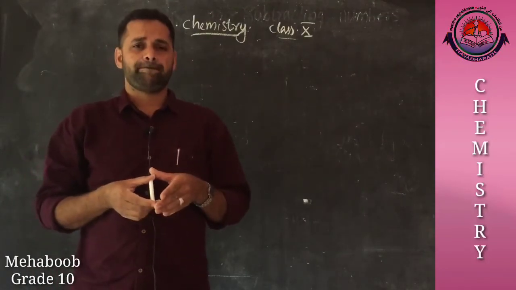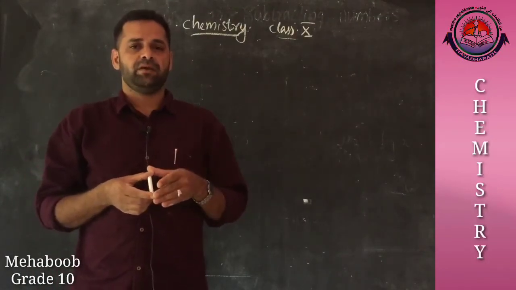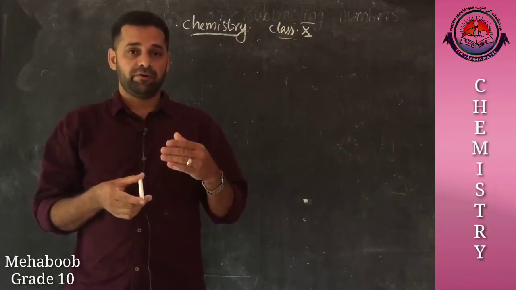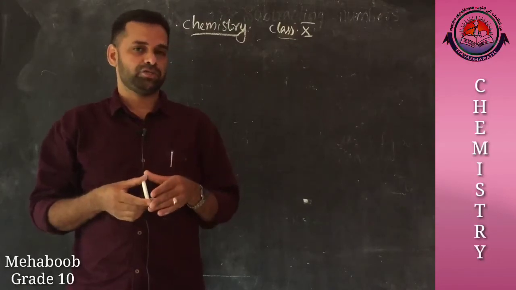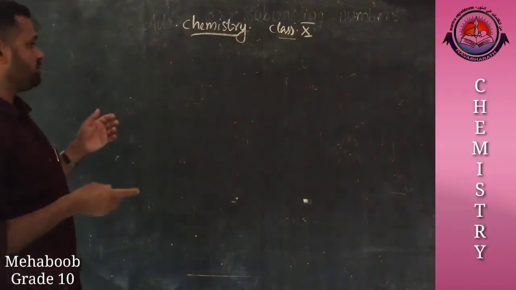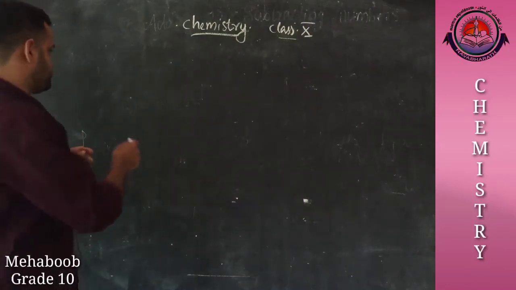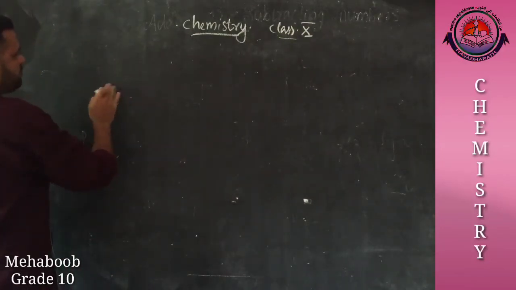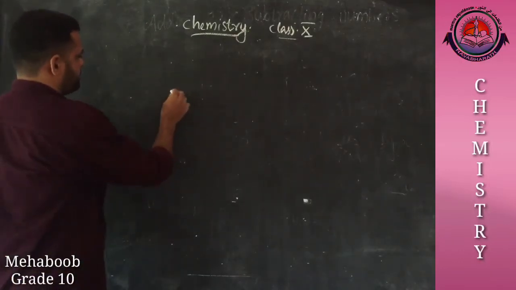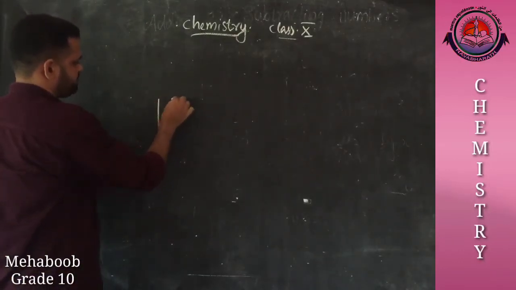So what is happening in the case of an acid and a base when they are present in their aqueous solutions? What happens to an acid or base in aqueous solution? For that, you take two test tubes.